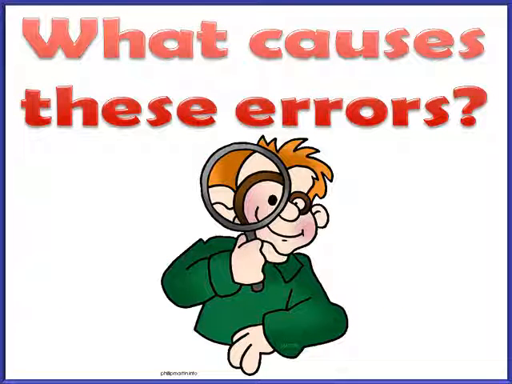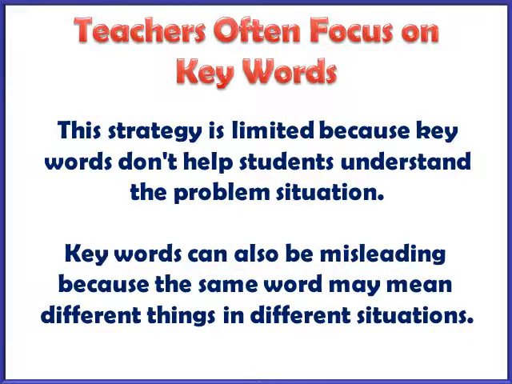So let's talk about what's causing these errors or these issues. One thing that could be causing these errors is that sometimes teachers overly focus on keywords. Those are the words like, oh, when you see all together, you add, or when you see difference, you subtract. But this strategy is limited because those keywords don't help students understand the situation and don't focus on a deep reading or a close reading of the problem.